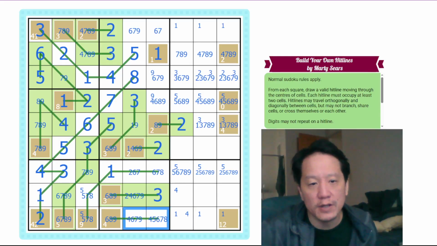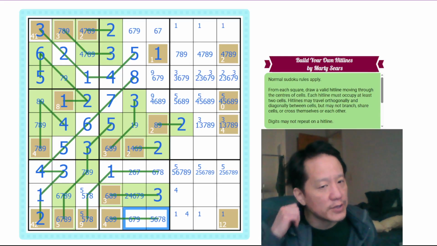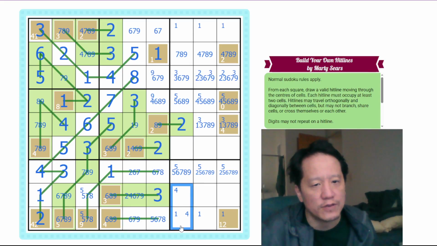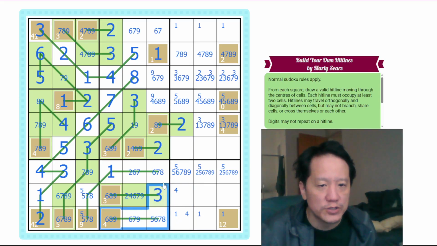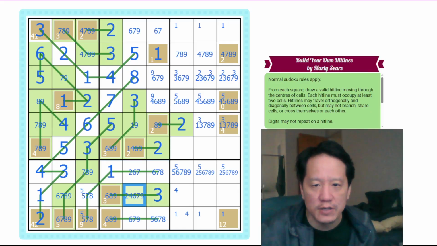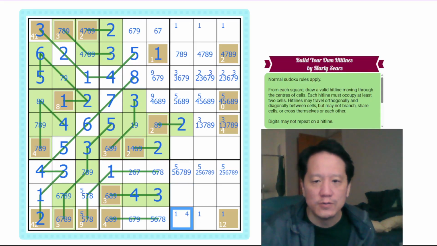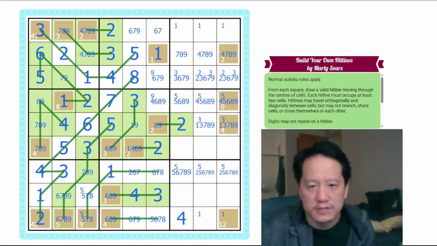4 cannot be on this line because it must have a 4 on the 4th position. So where's the 4 in box 8? It has to be here. So this is 4, which eliminates 4 from being here, which means this must be 4 and is done as a line. Okay. So that's done.